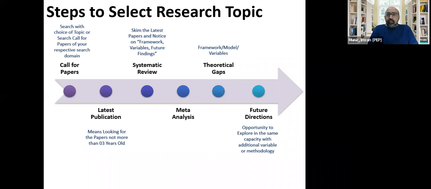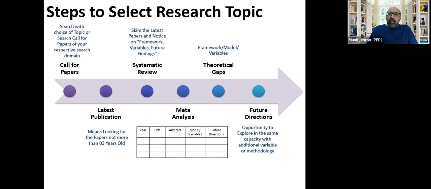After that, you will start doing a meta-analysis. It's a table: year, title, abstract, model, variable. So for all these 30 papers with year, title, abstract, and model variables, you will be pasting that in future directions. So the theoretical gap and future direction are covered in the model variables and future direction columns, right?